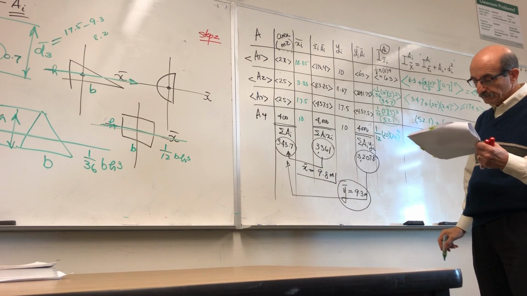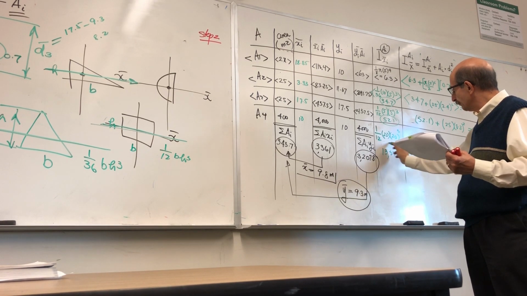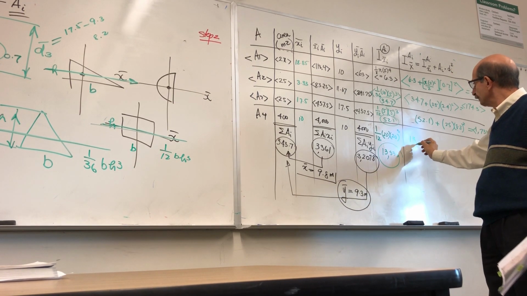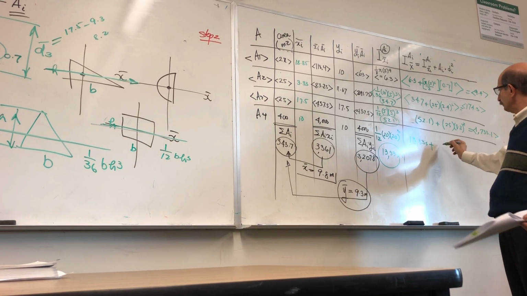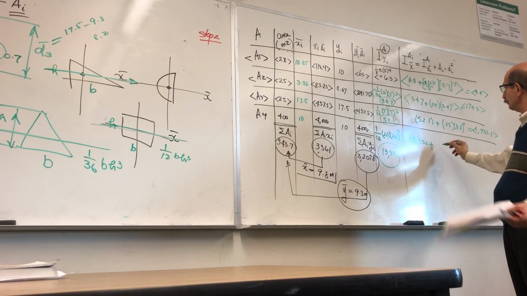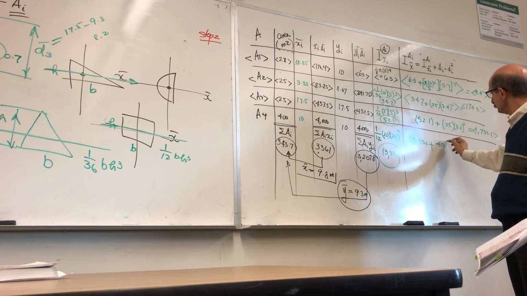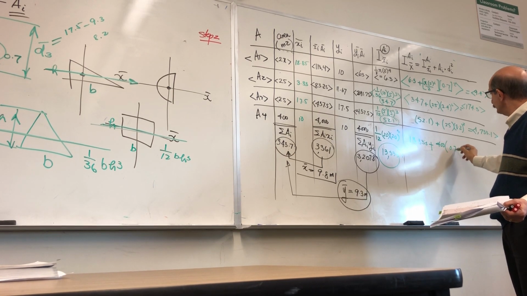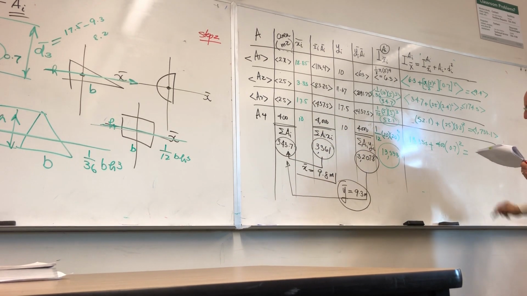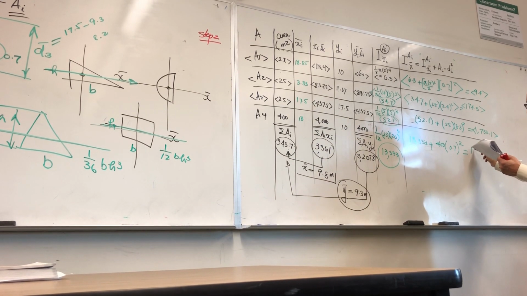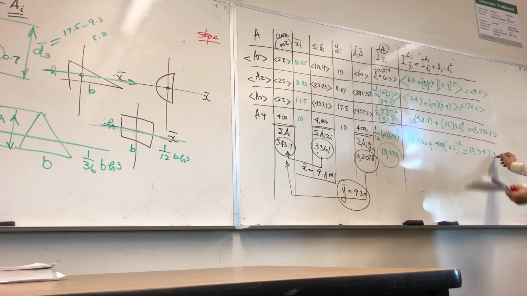So that will be 13,333 plus the area, which is given, 400, times 0.7 squared, and that comes out to be 13,347.3.